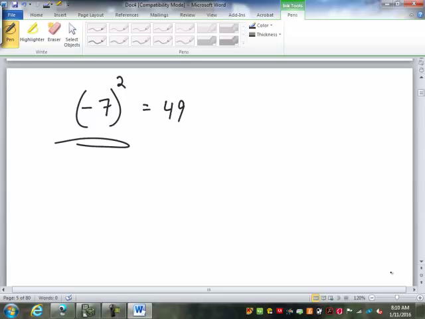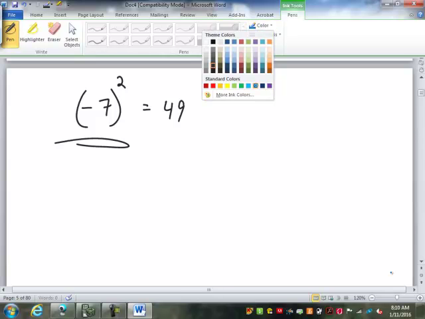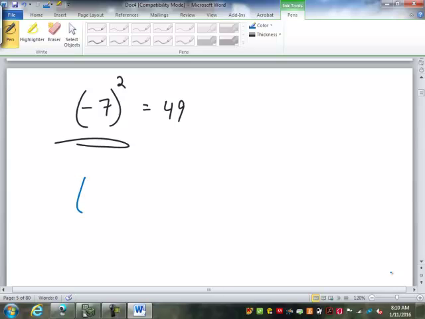When you enter that in your calculator, some calculators do it correctly without the parentheses. Most calculators have to have those parentheses in order to do it correctly. What it does, if the parentheses aren't in there, it squares the 7 first, and then it makes it negative.